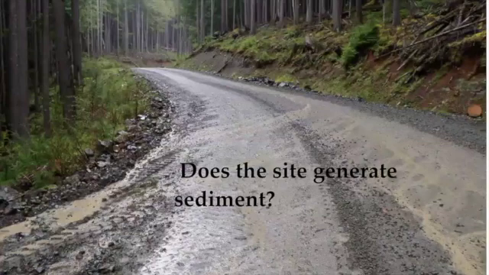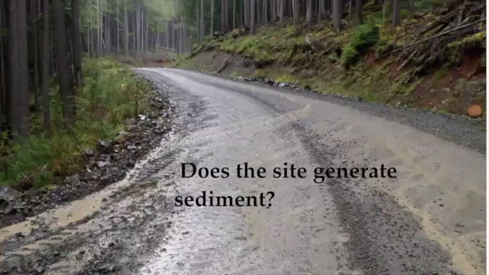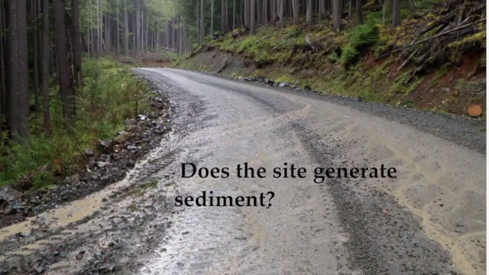The first question when you look at a site should be, is this site eroding? To start off, it is important to understand that every gravel road surface will erode, but not every site will generate sediment. The wetter a road is, the more traffic that is on a road, the more fine unconsolidated material it will generate.